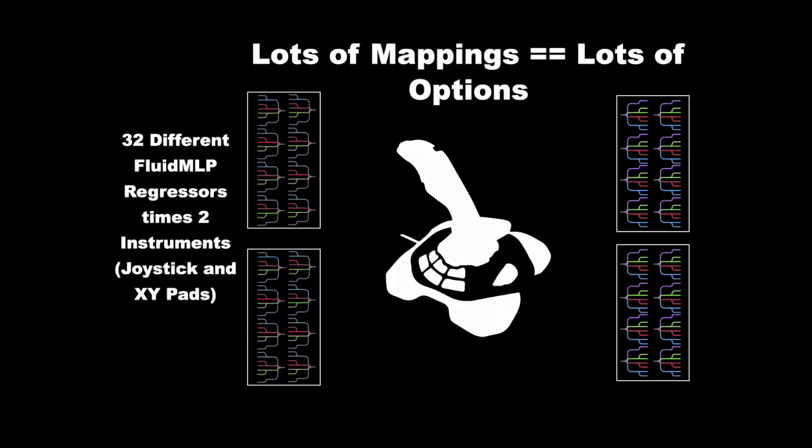So just a reminder of this neural net synthesizer that I've been working on. Basically, a single synth setup has 32 different fluid MLP regressors that it'll only be able to access one of them at a time, but it basically has 4 groups of 8.